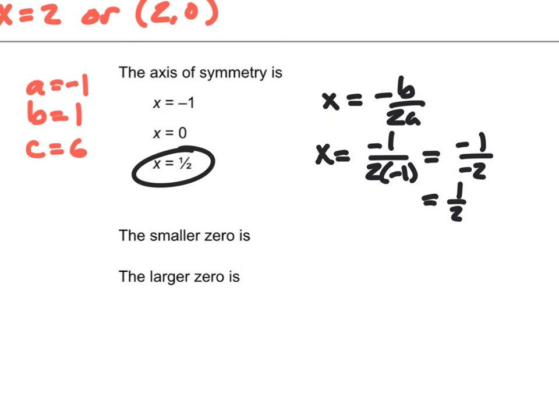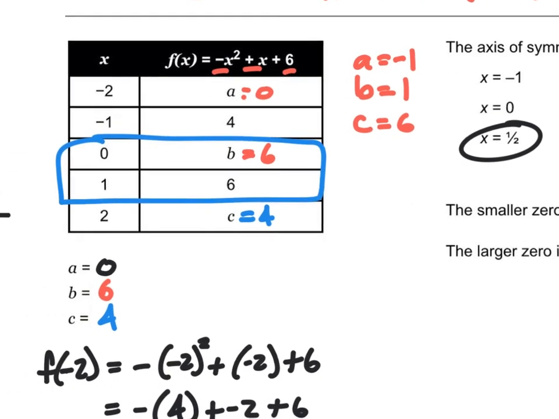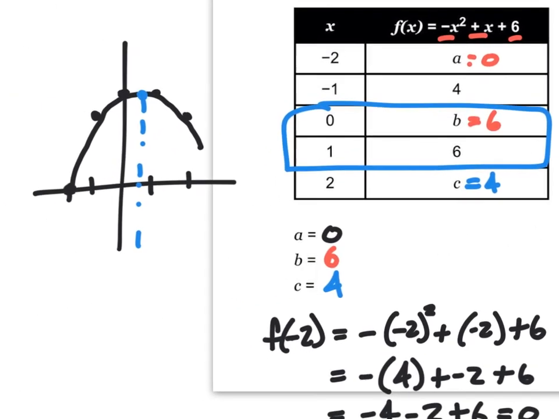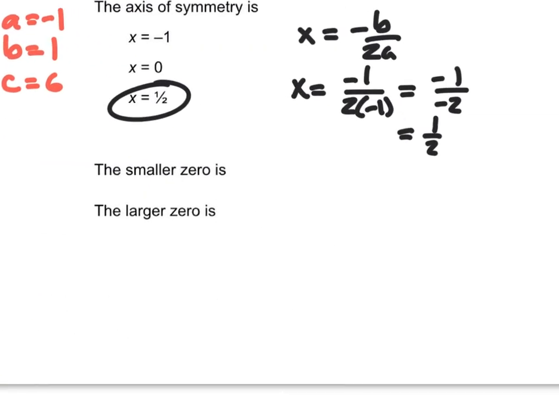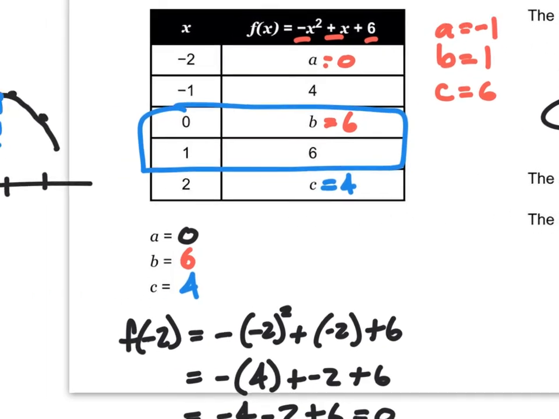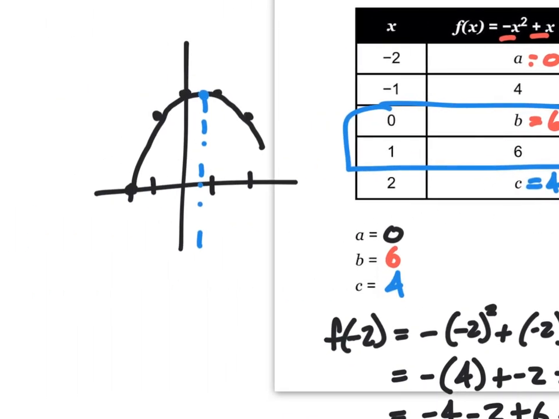All right. So we know the smaller 0 is at x equals -2, and we found that from the table. But then, what's the larger 0? Remember our axis of symmetry: the distance from -2 to 1/2 is a value of 2.5, right?